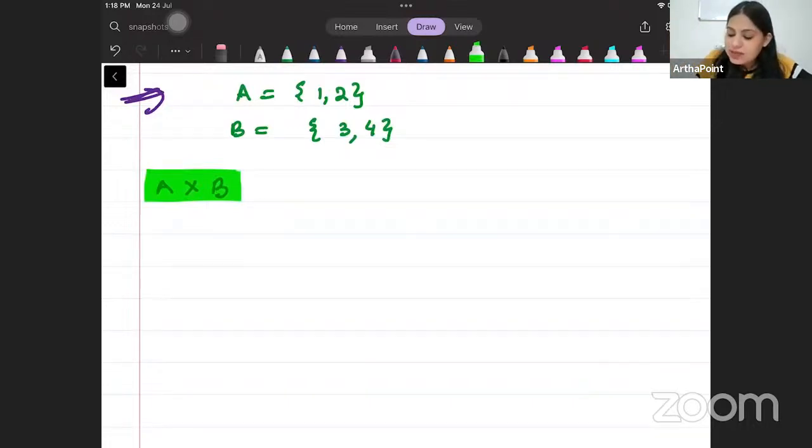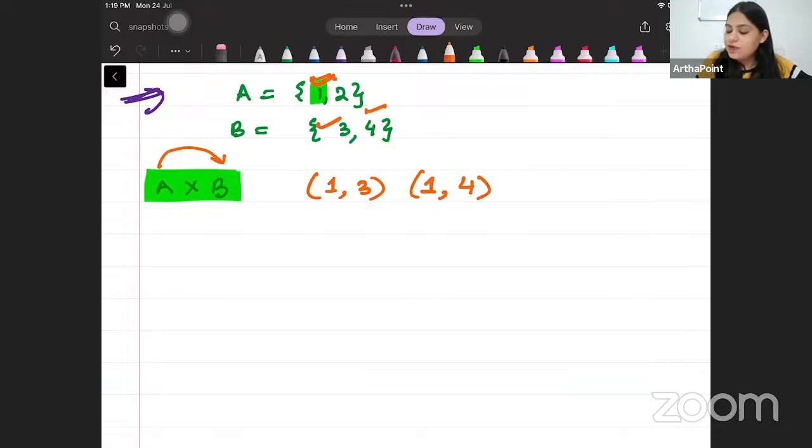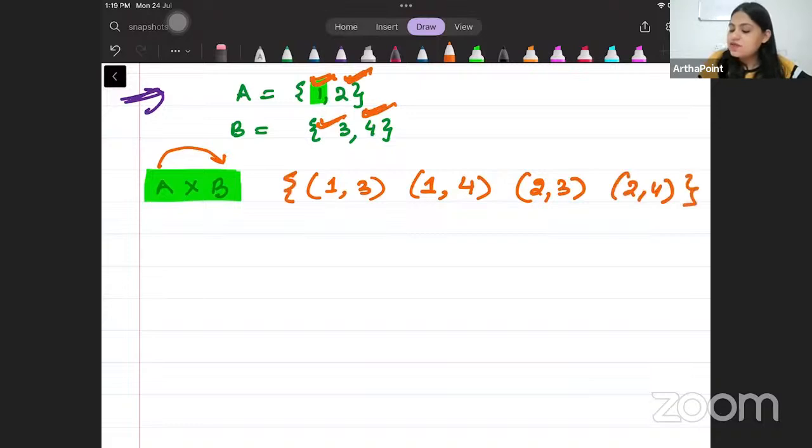So beta, first element you will take from A because it is A cross B. Na? So first element from A and then the element from B. 1, 3. First element from A and then the element from B. 1, 4. First element you will take from A and then from B. 2, 3. First element from A and then from B. So 2, 4. So beta your Cartesian product will consist of these 4 elements. Is this clear? Beta this is A cross B.